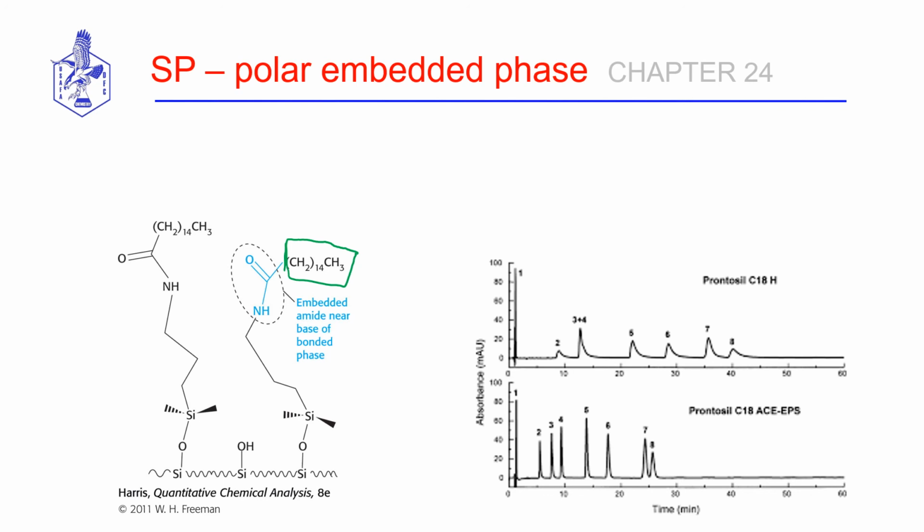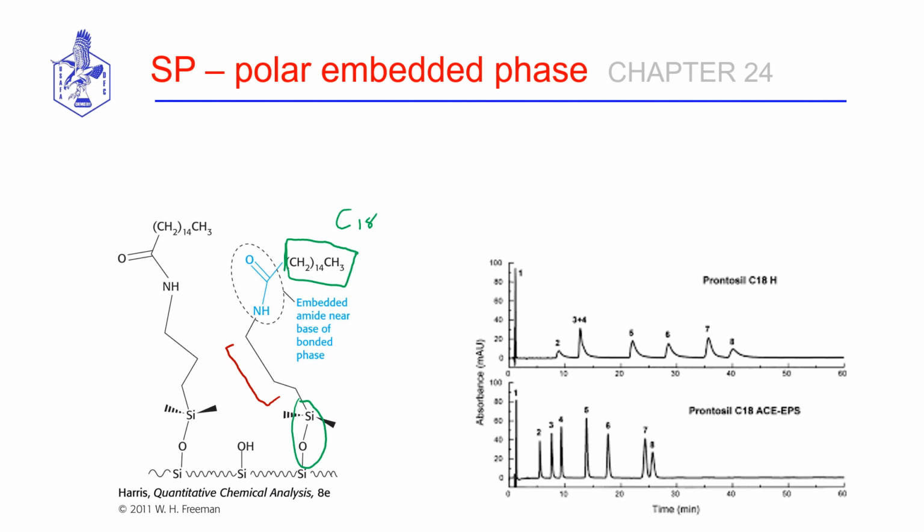So obviously this is still a C18 group out here. But instead of having that directly linked to the surface through our siloxane bond down here, we're going to intentionally put in a few carbons that are not saturated. So there's rotation and movement around those bonds.